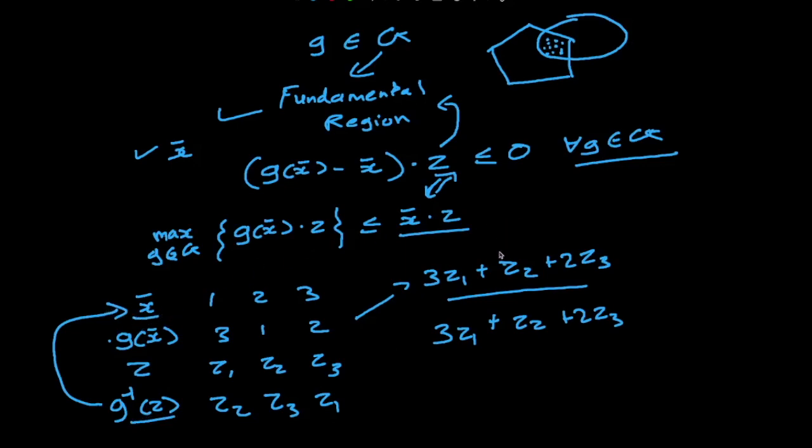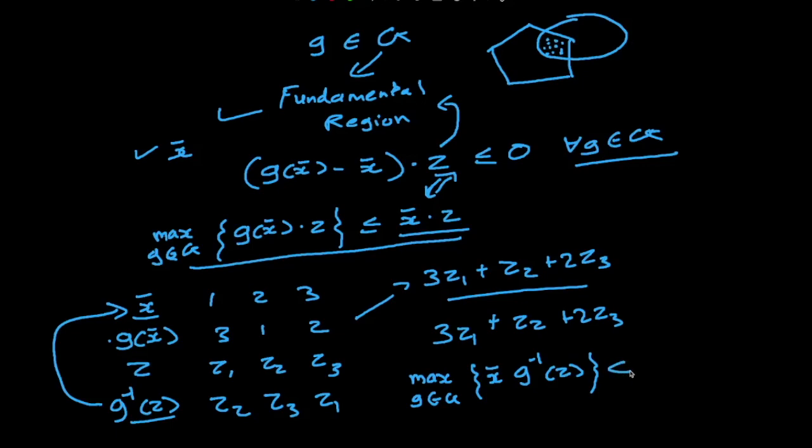So essentially I can rewrite this expression as the max over all g in my group G, but instead of taking the image of x bar under g, I take x bar as it is, and take the image of z under g inverse. This should be less than or equal to x bar dot z.